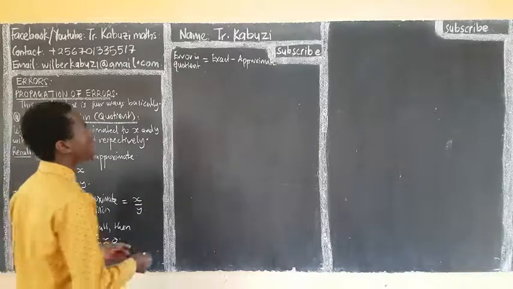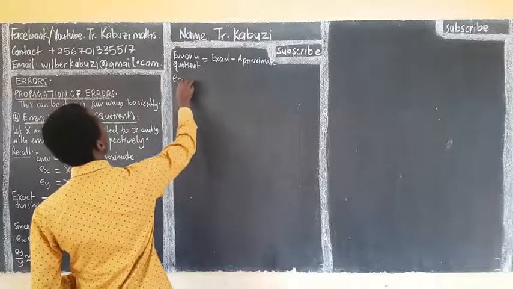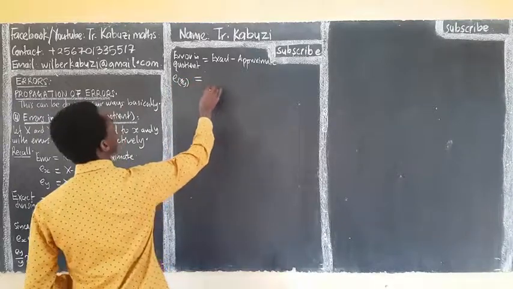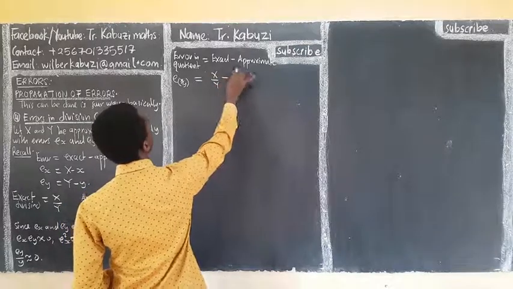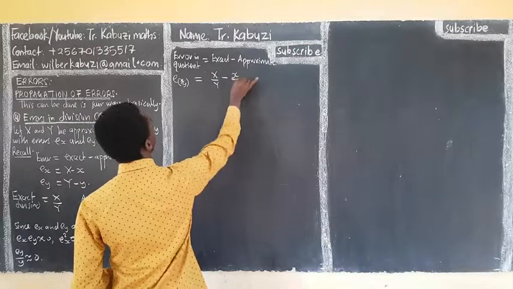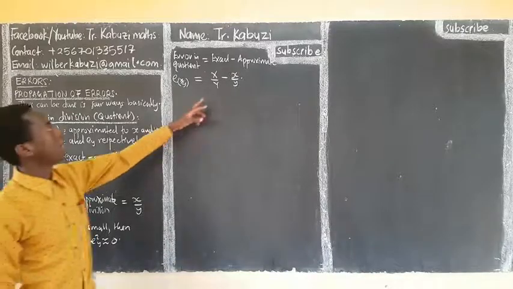Okay, so now our error in a quotient, our error in X over Y, will be the exact, which is X over Y, minus the approximate, which is X over Y. Now from there, what happens is we remove these capitals.